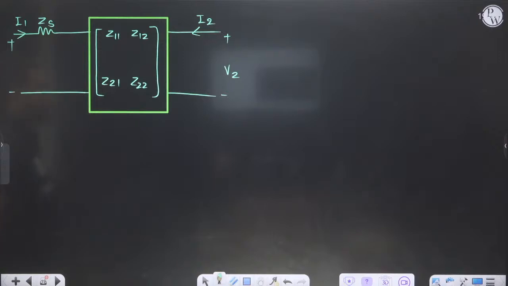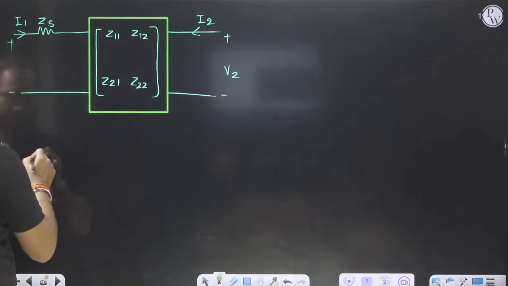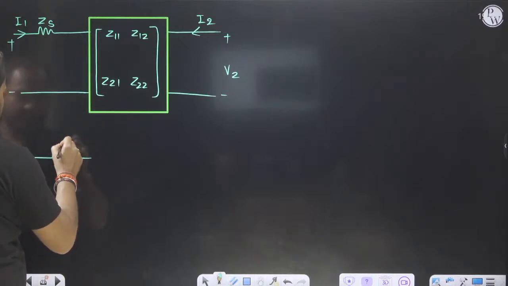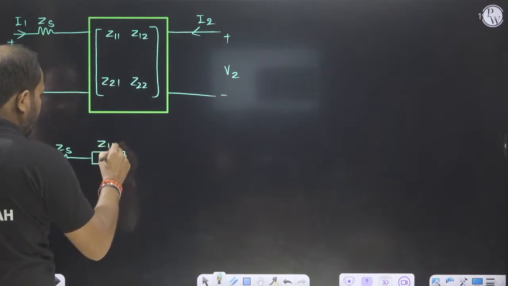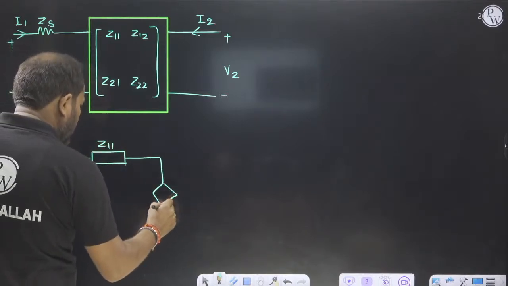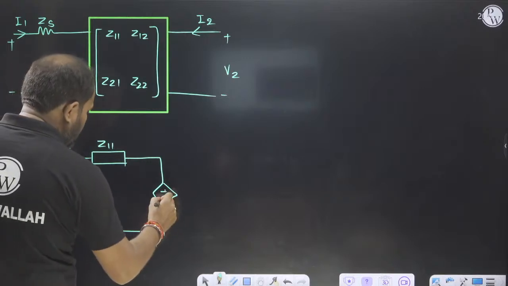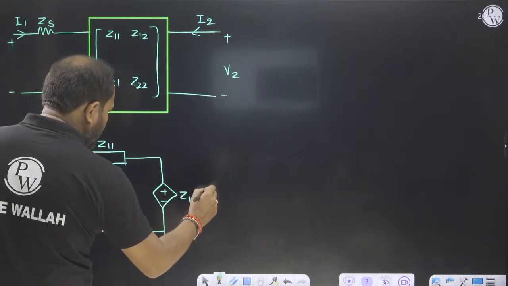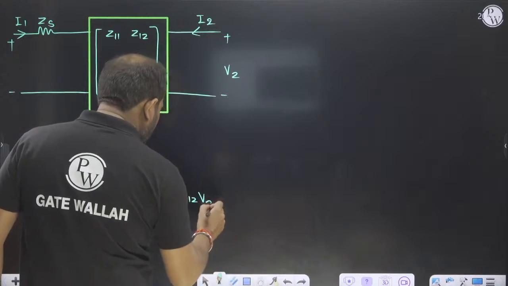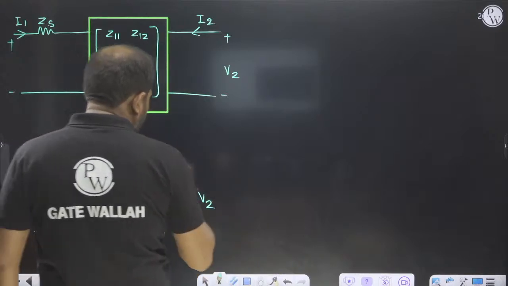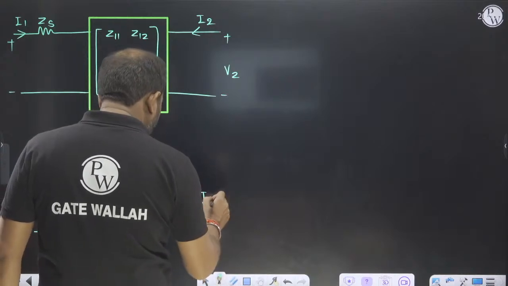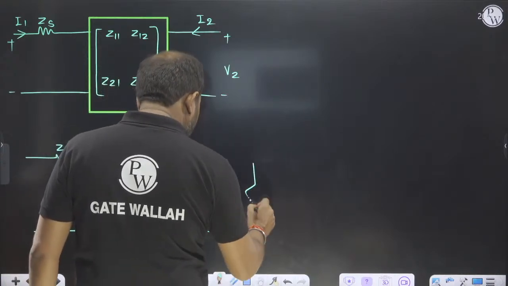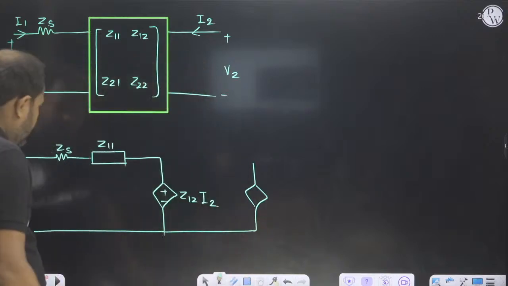Then what will you do? Nothing. Just simply replace ZS, and this Z parameter network will be replaced by Z11 I1, Z12 I2, V1, and second Z21 I1, Z22 I2, V2.